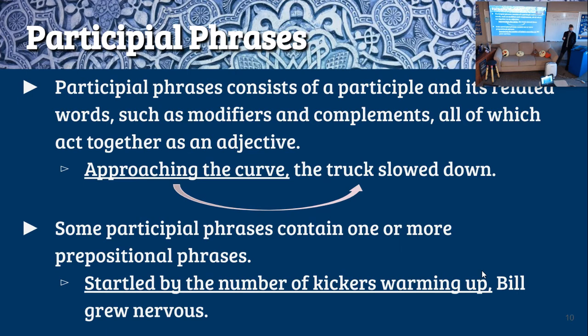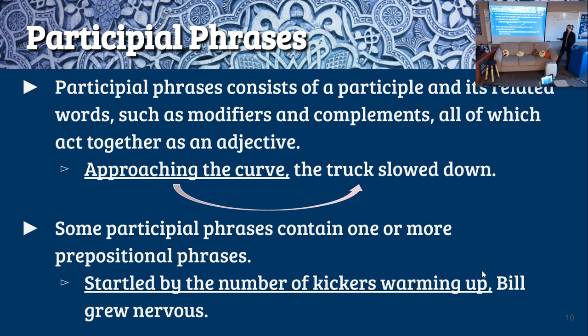Where's our participle in that phrase? Here, underline, where's our participle? Someone I haven't heard from. Lauren? Startled. Startled's our participle. By the number is a prepositional phrase. Of kickers warming up is a prepositional phrase.